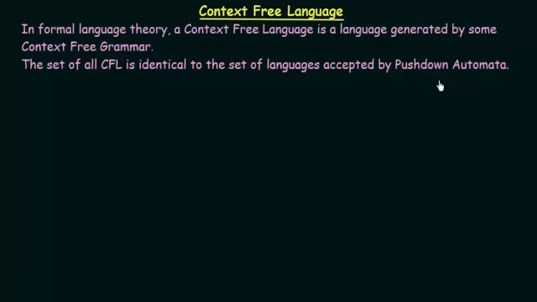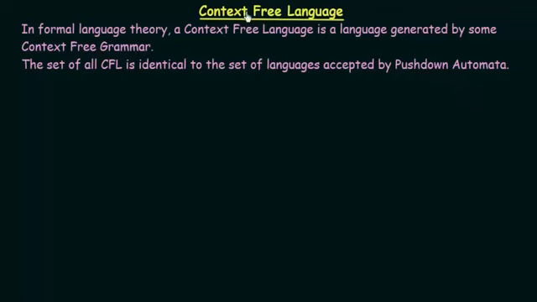If you remember the table of Chomsky's classification of grammars that we saw a couple of lectures back, the automata used for designing context-free languages are push-down automata, just like in regular languages we used finite state automata for designing them. So in the case of context-free languages, push-down automata are used.